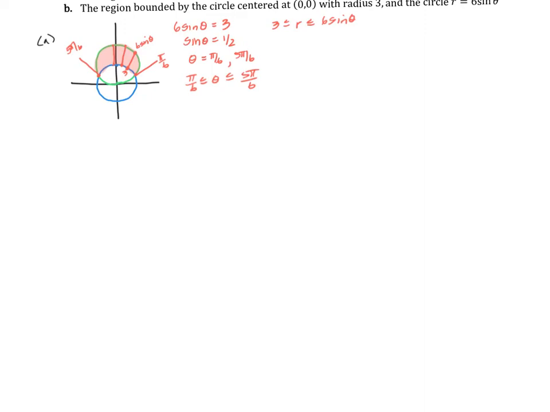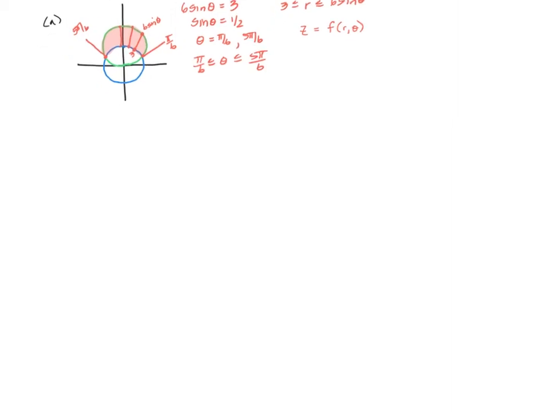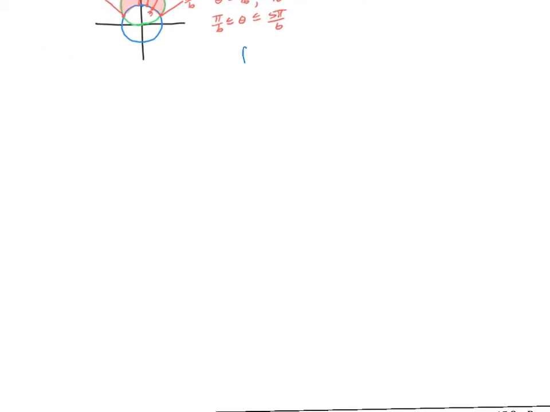Now I wasn't given an integrand, so I will just use a general function z equal to some function of r and theta. When I set up my integral, it's going to be the double integral where theta goes from pi over 6 to 5 pi over 6, and r goes from 3 to 6 sine theta.